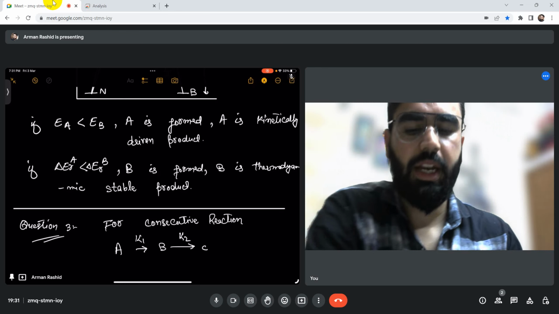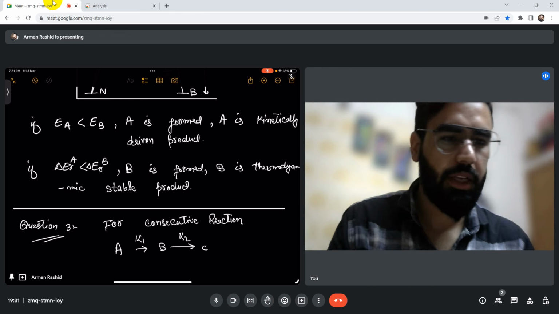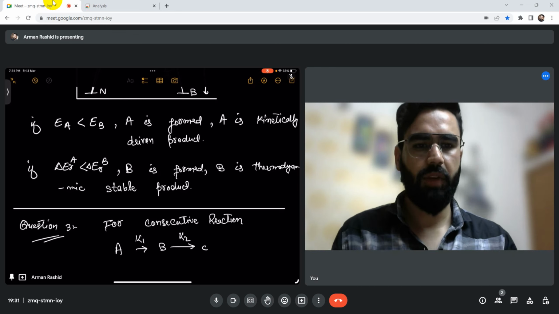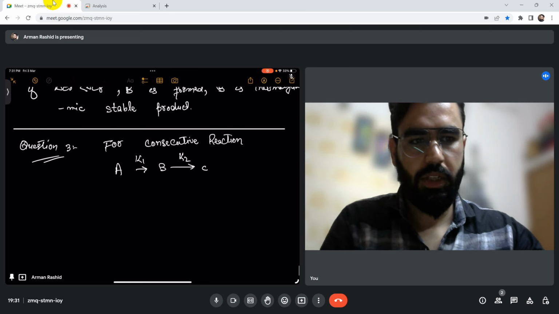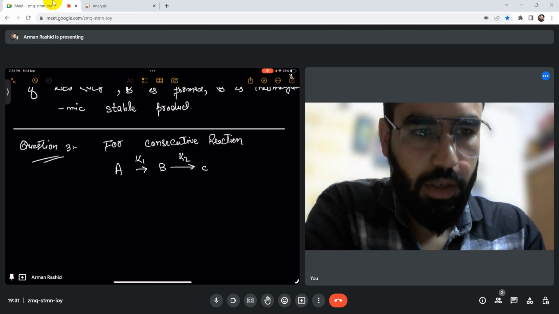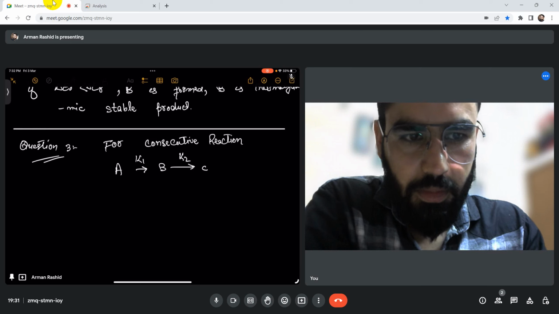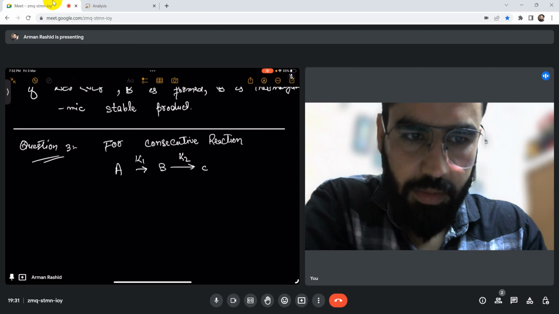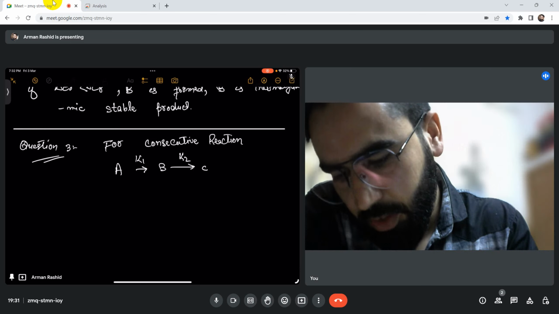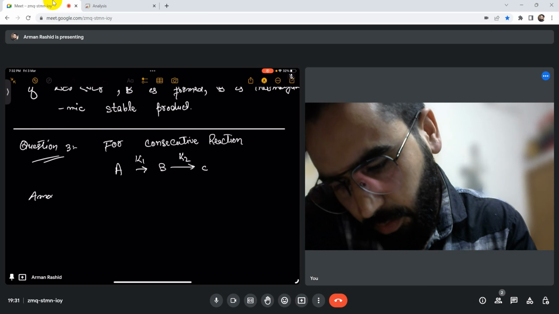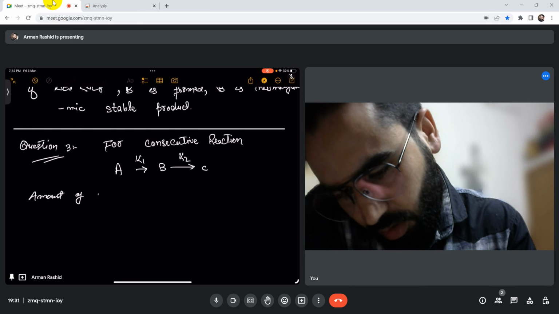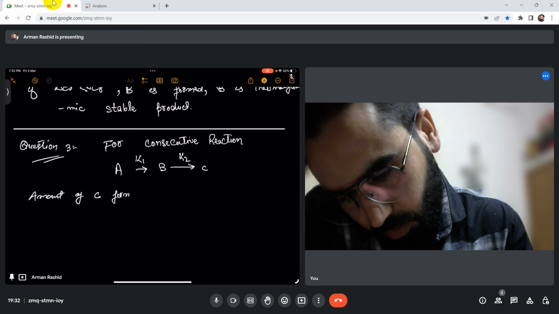Here we have A getting converted into B and then B getting converted into C. So what we have to see is the amount of C that is formed, given the initial concentration of A. So how much will be the amount of C that is formed in this reaction?